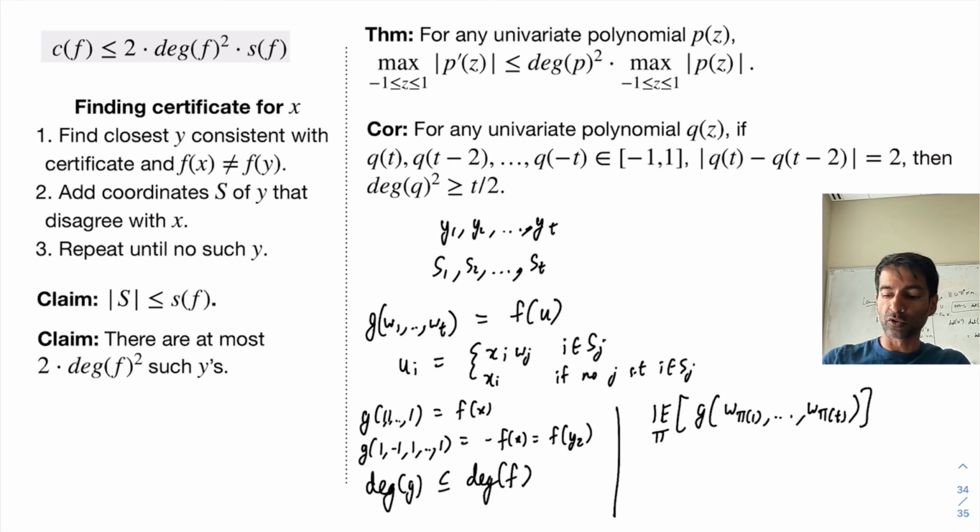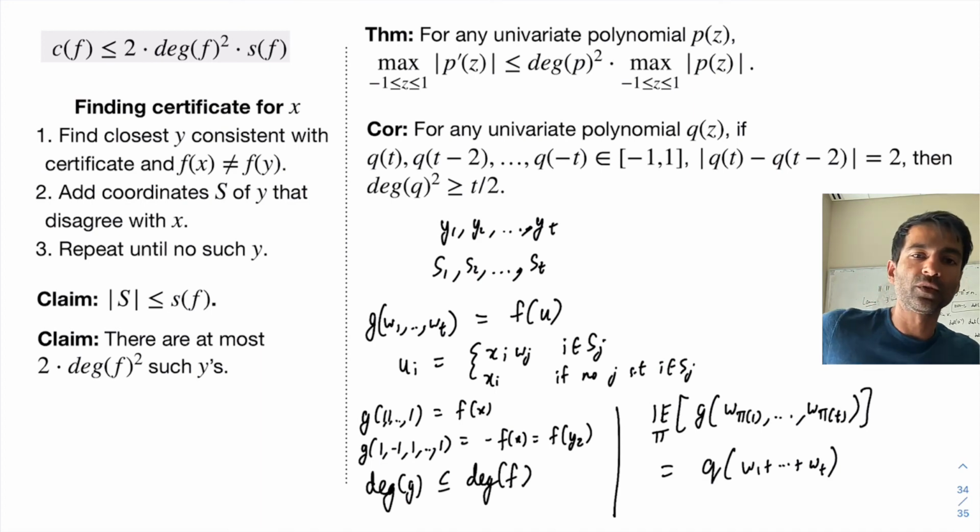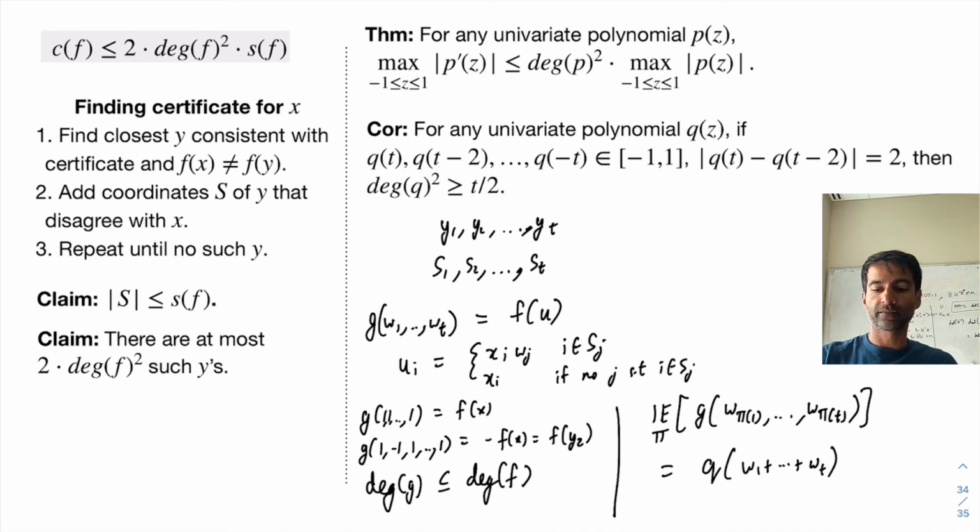This is also a polynomial with the same degree as the degree of g, but now it's symmetric in its variables. And because it's a symmetric polynomial, it can be expressed as some polynomial q of w1 plus w2 all the way up to wt. And this is the polynomial q that we'll apply the corollary to.